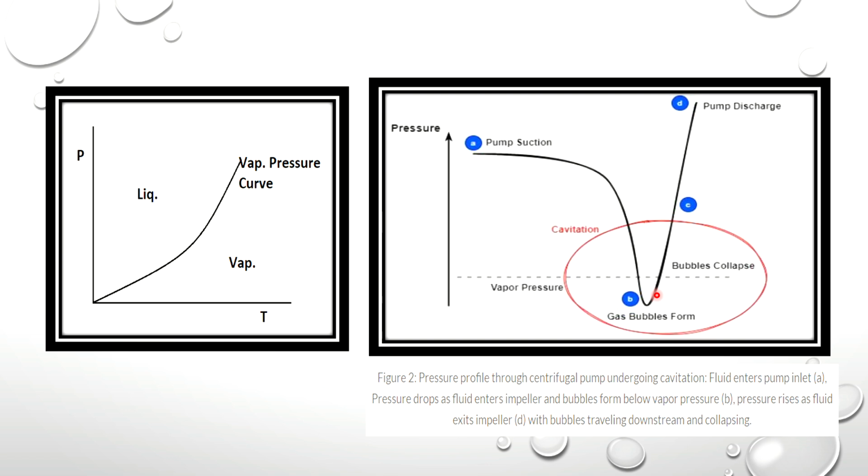To ensure there is no vacuum, the surrounding liquid will move at a high velocity at that point, and it will hit the metal surface of the pump.